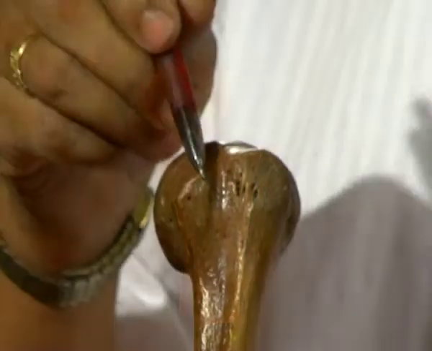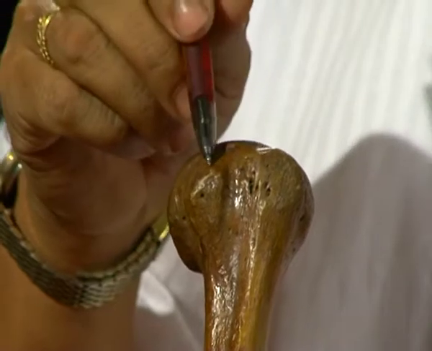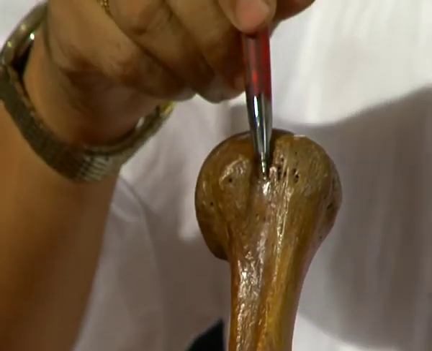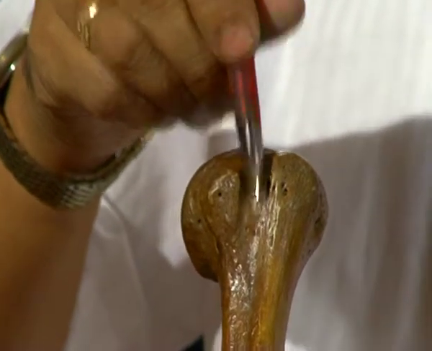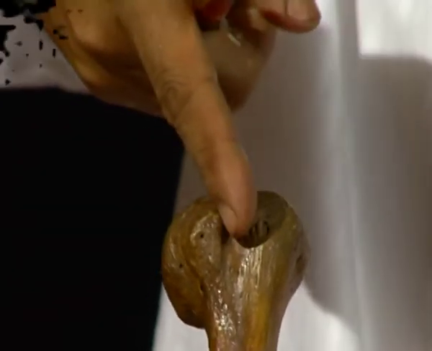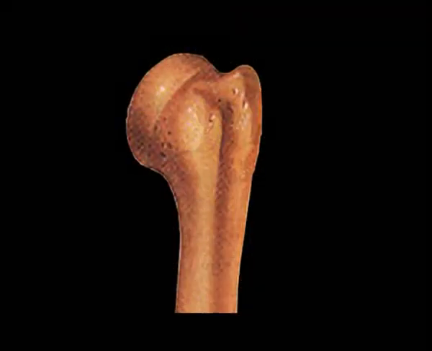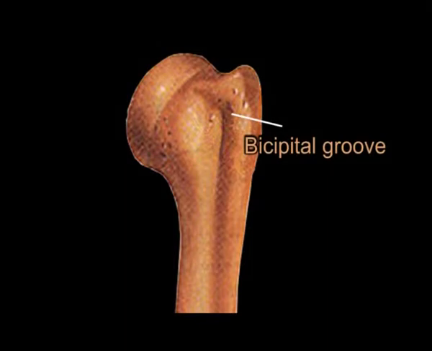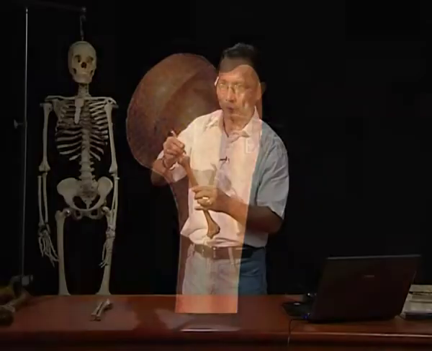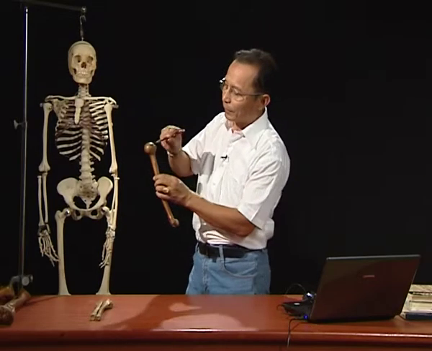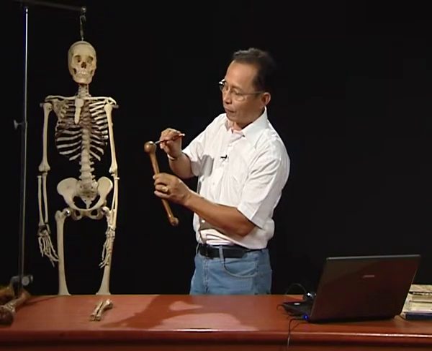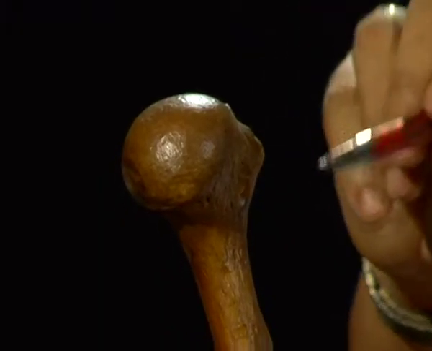And in between these two tuberosities, there is a groove. You see a depression here, a groove, and this groove we call bicipital groove. And actually this anatomical neck forms an obtuse angle with the shaft.